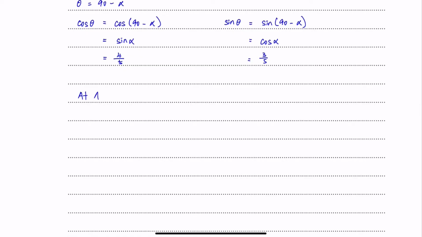Alright, so at A, we have, okay, the centripetal force is always the resultant force towards the center of the circle. This means that we have mVa squared over a equals the reaction at A minus mg cos alpha.